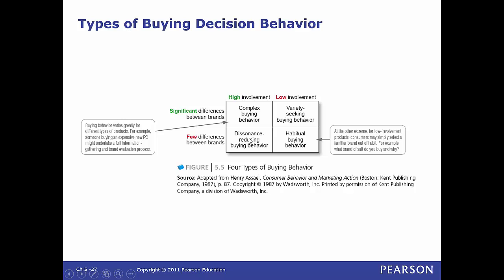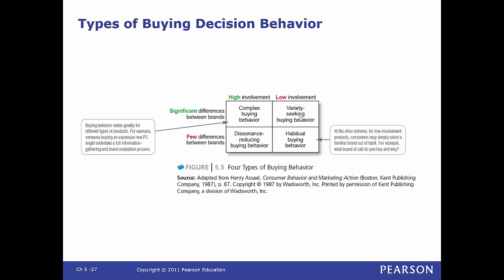The third type of consumer buying behavior is what we call variety-seeking buying behavior. In variety-seeking buying behavior, the consumer is less involved in the purchase, because he or she wants to buy less expensive products, like for example a perfume, a toothbrush or toothpaste.